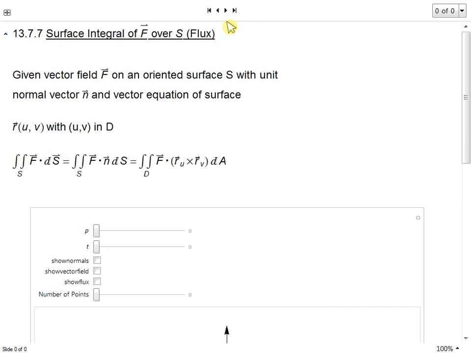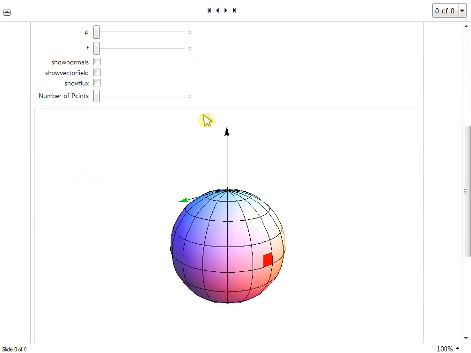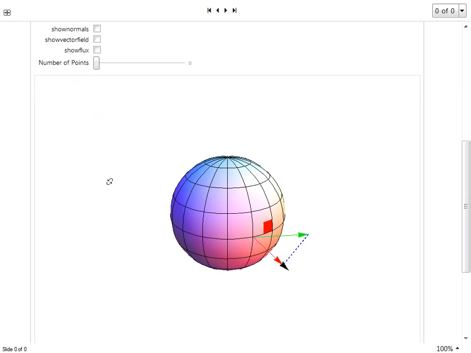I can show you what flux is, okay? Here's what flux is visually. We have, let's just say, a surface. Here it's a sphere, all right? I'm going to come around here with some vectors. Now, I think I'm going to put it right there so you can see it.